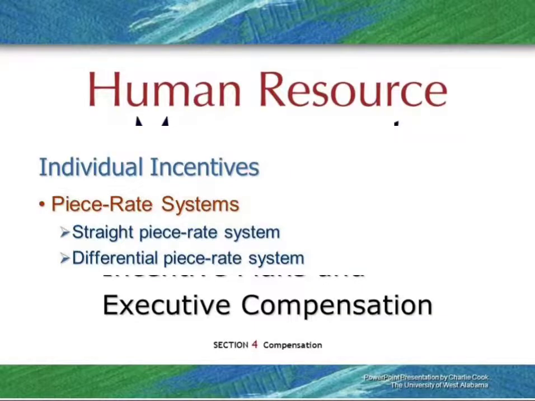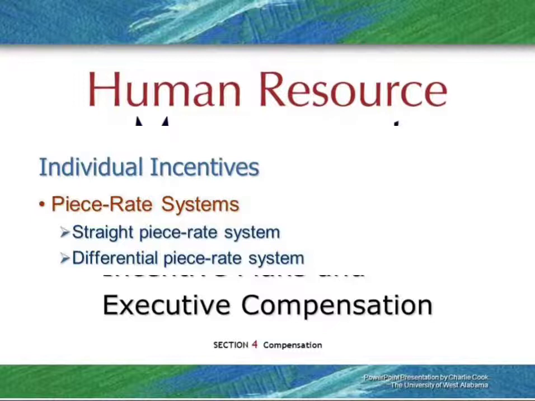We have some examples of individual incentives. First is the piece rate system. The most basic individual incentive system is the piece rate system. Under straight piece rate system, wages are determined by multiplying the number of units produced by the piece rate for the unit.